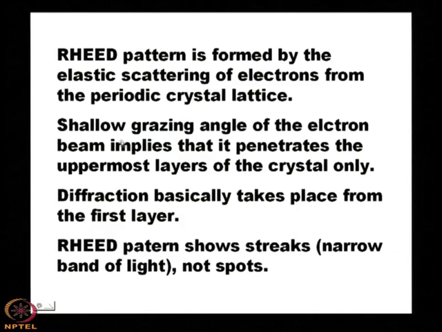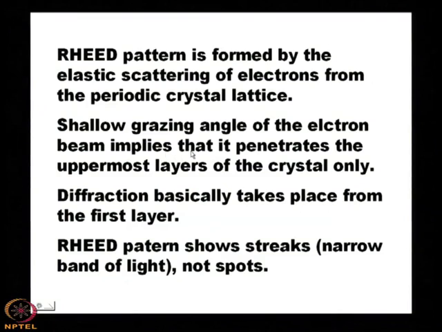The grazing angle of the electron beam is shallow, very small, some theta degree, 2 degree, 5 degree, 10 degree grazing angle of the electron beam. It implies that it penetrates the uppermost layer of the crystal only. It is not the normal incidence. Normal incidence means it is 90 degree.